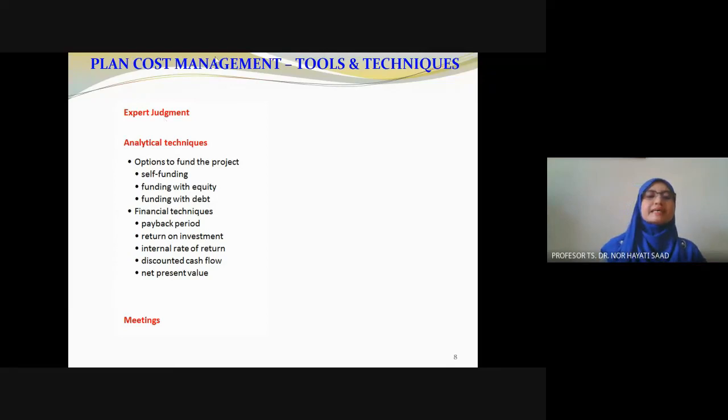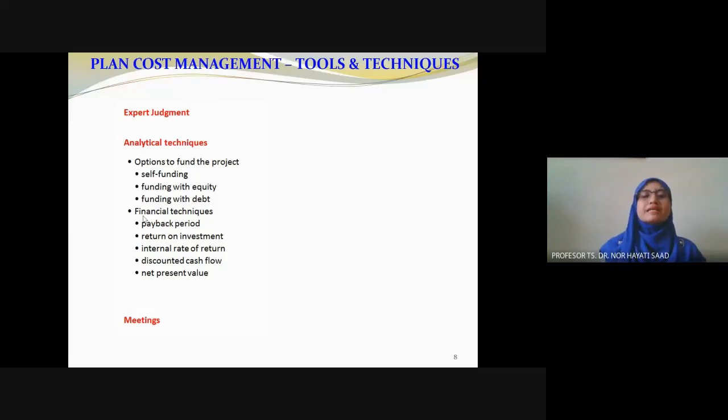So, analytical technique: options to fund the project are very important, and we need to take care of them. Self-funding means whatever profit the company already has, they self-fund the project based on the cash flow they already have in the account.